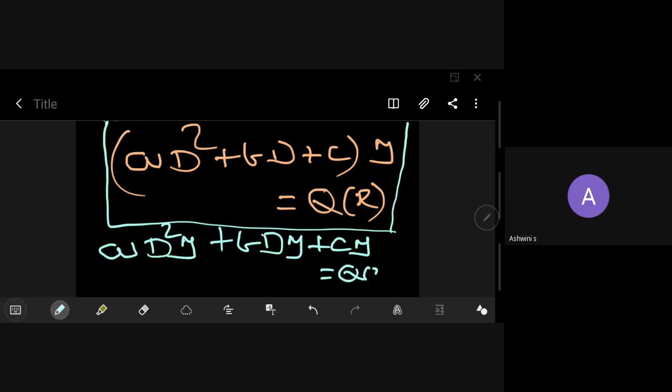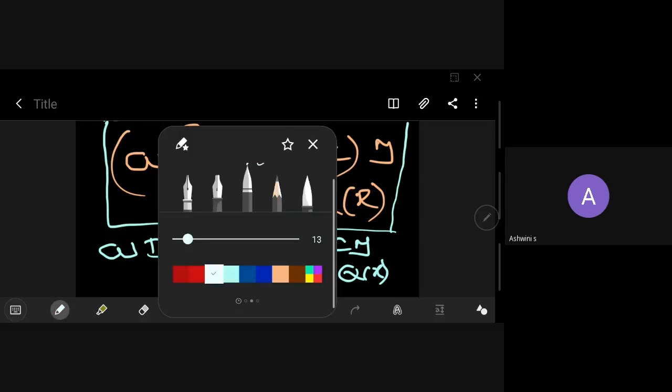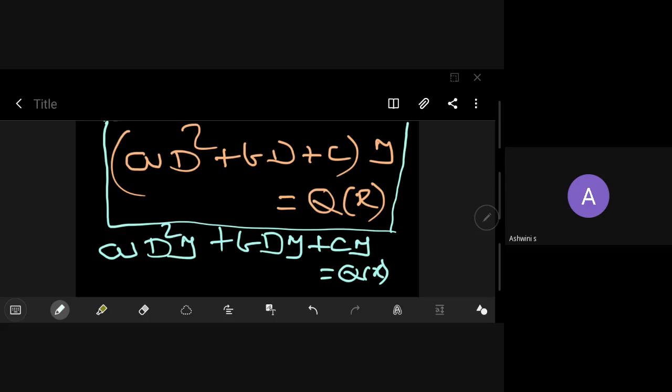This is one term, this is the second term, this is the third term, this is the fourth term. This equation has four terms. These three terms involve y, while this term involves y as a second order derivative.